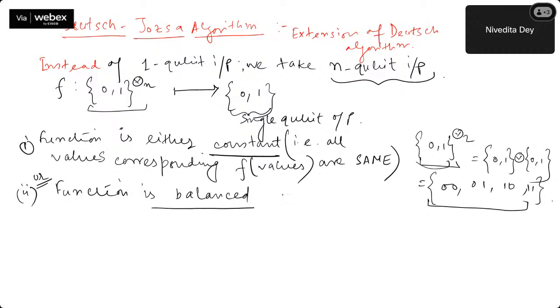Balanced means that half of the inputs will give 0 and half should give 1.